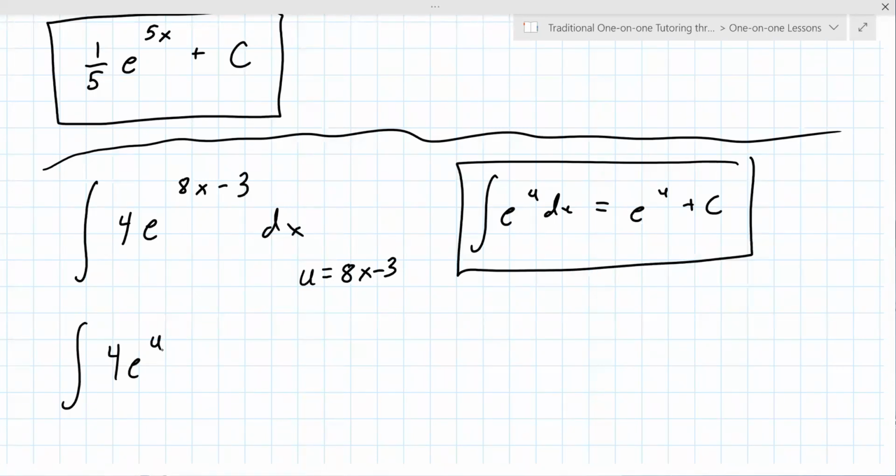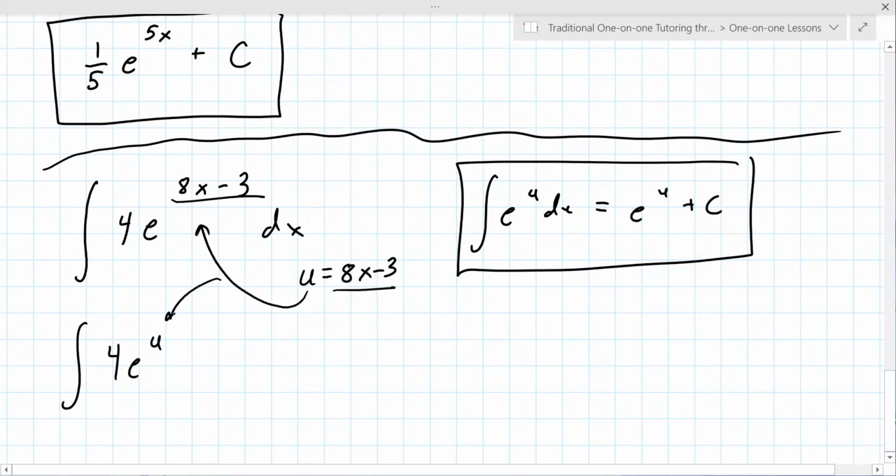You take the u on the right and replace it: instead of 8x minus 3, you put a u there. That's why it became u. So u equals 8x minus 3, off to the side.